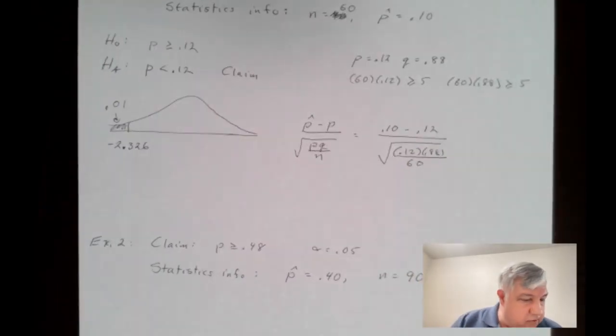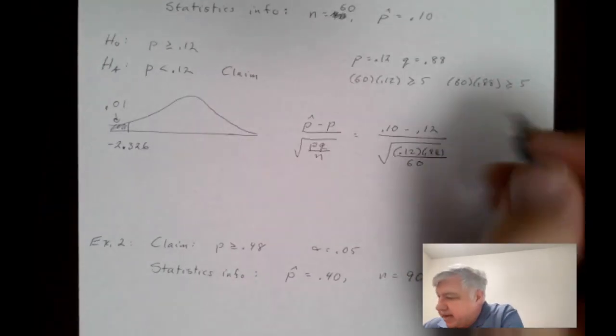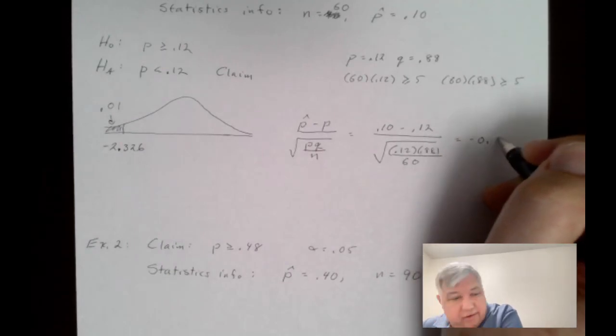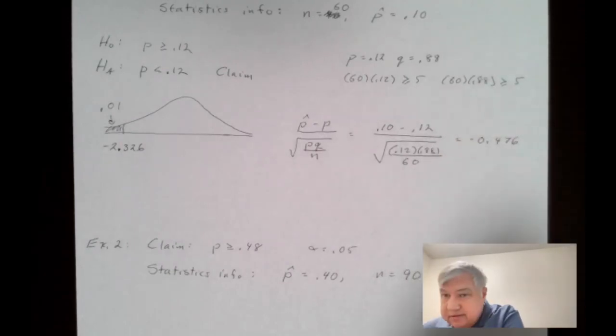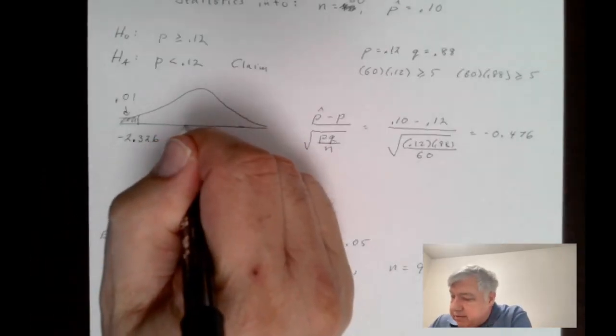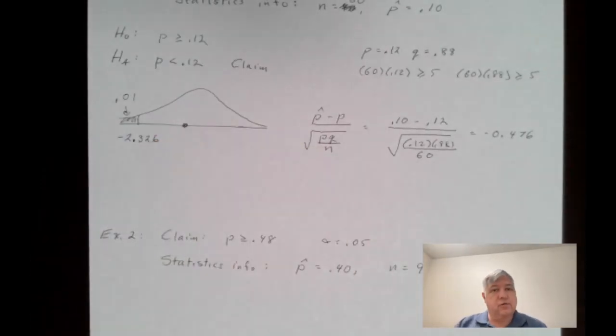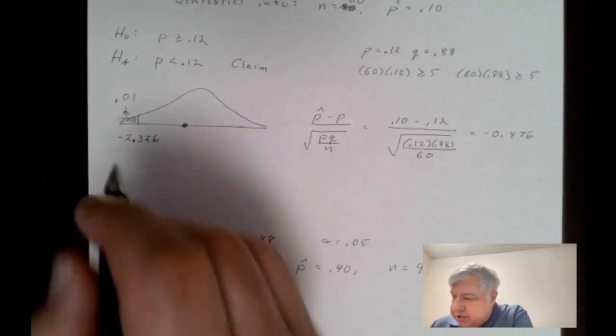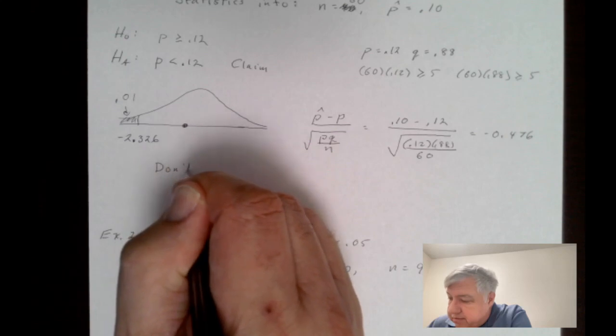We compute and we find that this is negative 0.476, and that is going to be over here. So it's not in the rejection region, so we don't reject H0.